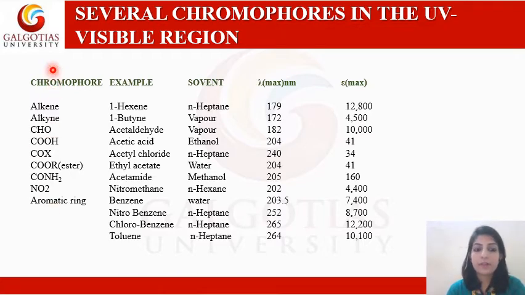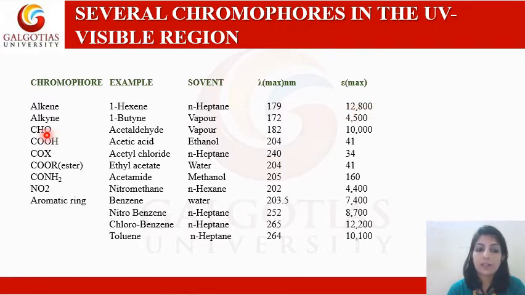In the first column I have written the chromophores, then the example, then the solvent, and then the wavelength maximum with their molar absorptivity. Alkene, 1-hexene, in the solvent heptane will give you a wavelength maximum at 179 with a molar absorptivity of 12,800.